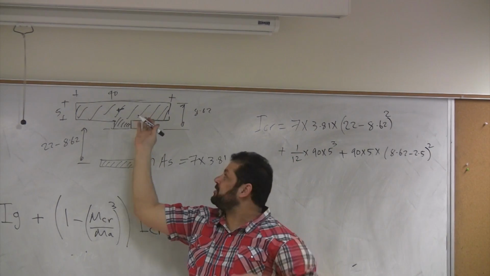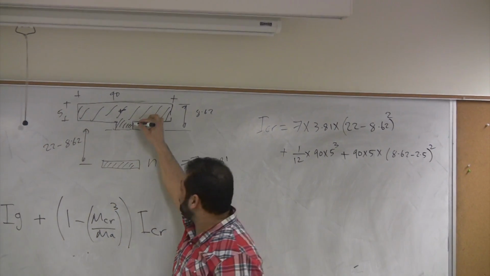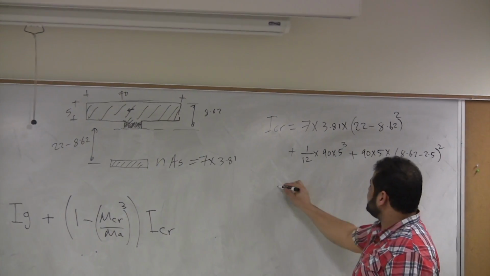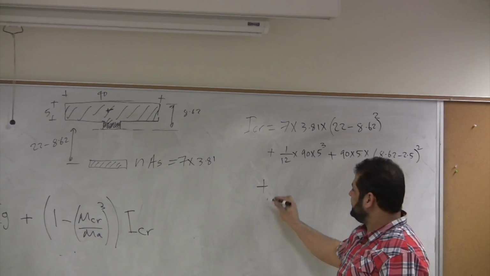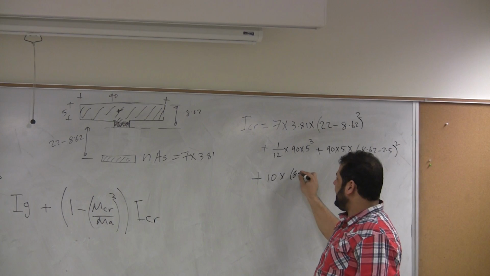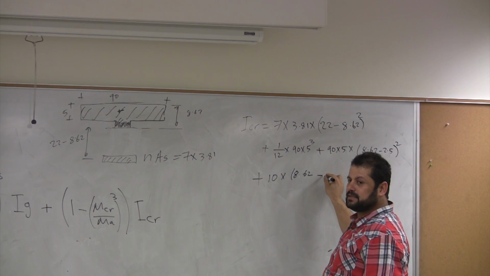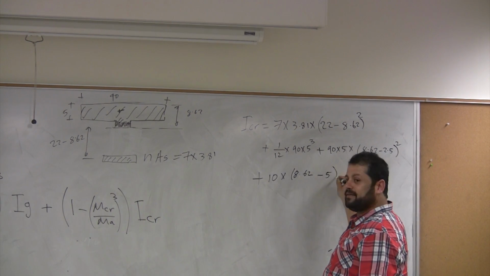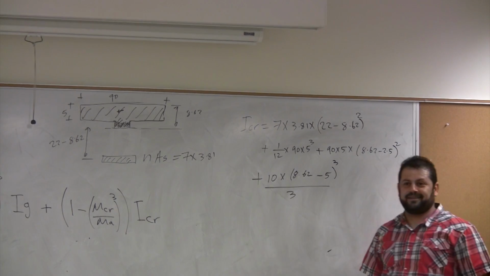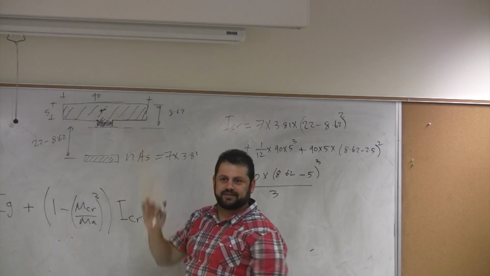We took 1/3 because this was touching the base. We're going to do this for that here. Plus 10 times 8.62 minus 5 cubed over 3. That's the tiny piece in here, which I told you the other day you can ignore. Not a big deal.